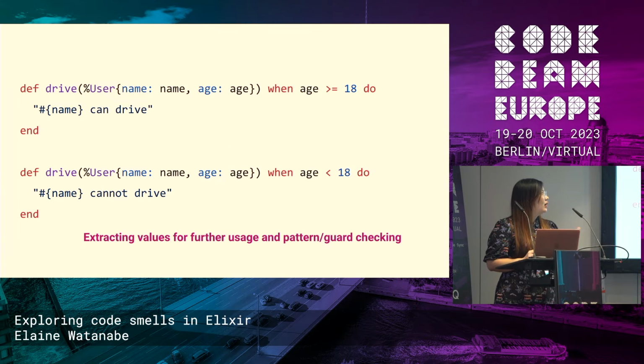It was one that surprised me after working four years with Elixir, when I was reading that catalog. Example here, we have this function with two clauses, and the name is just being extracted to use later, to build the string, and the actual guard clause is the age, when we are checking if it is one match or another.